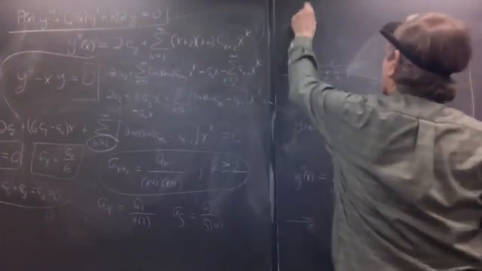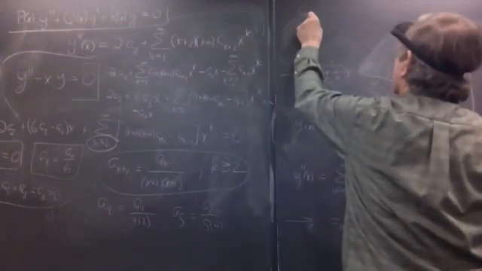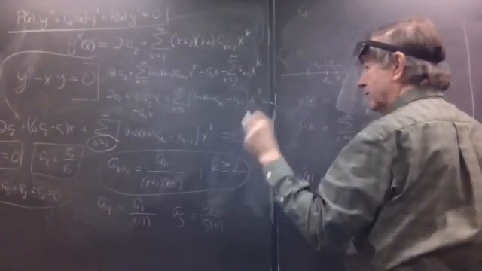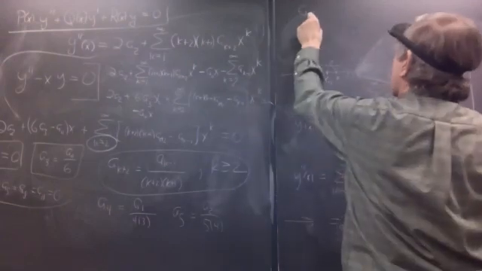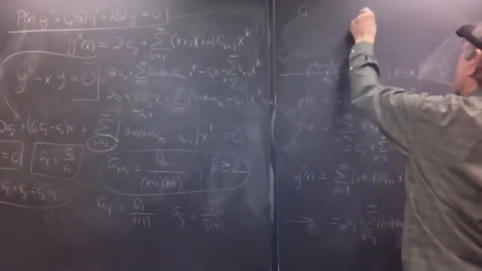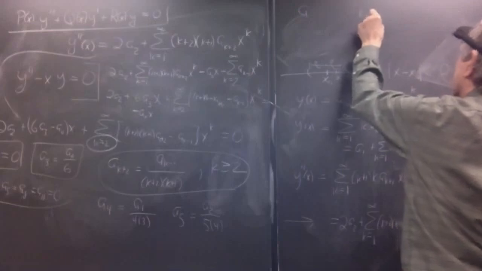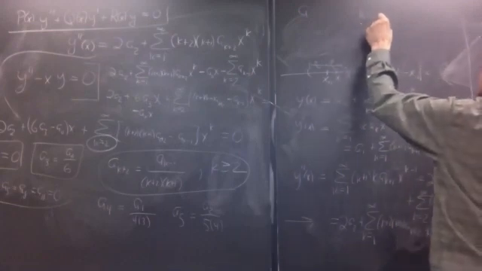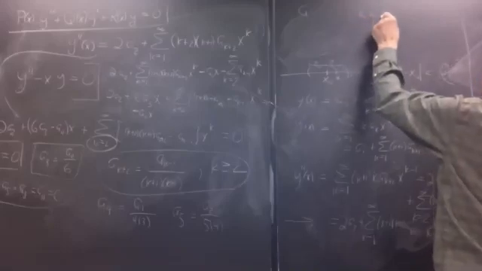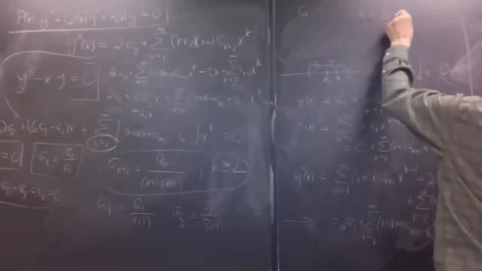Okay, so what I have is A sub k, where k equals 3 times n minus 1.